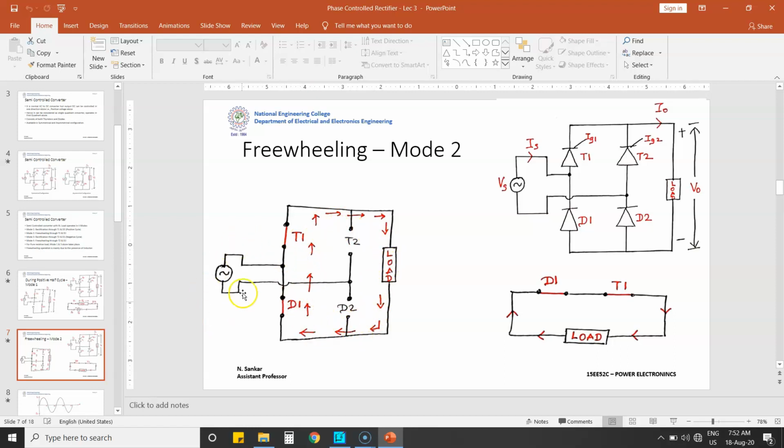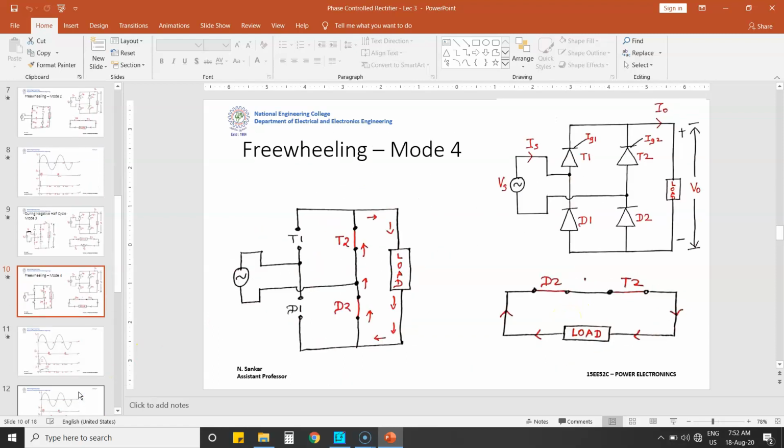In that case, your AC source will be cut off from the thyristor, so there won't be any input supply. So there will be zero output voltage, but there will be some load current. This will be the same for the other two modes, that is for the negative half cycle.